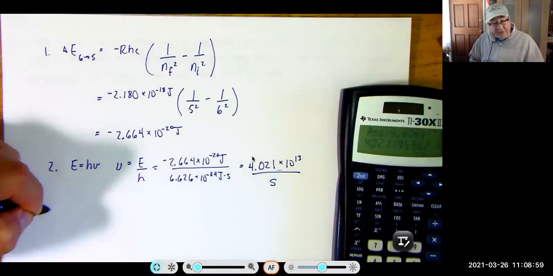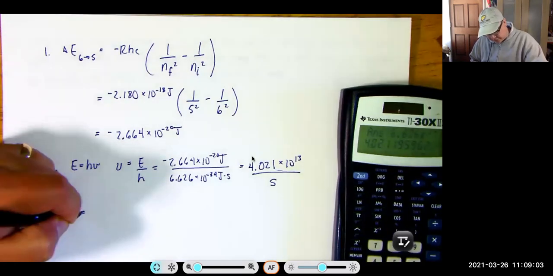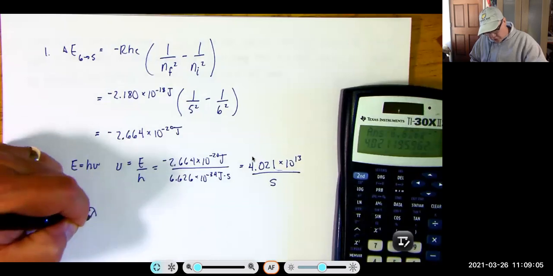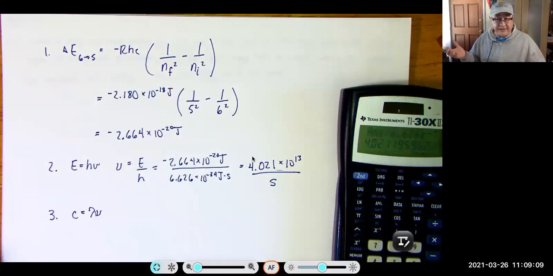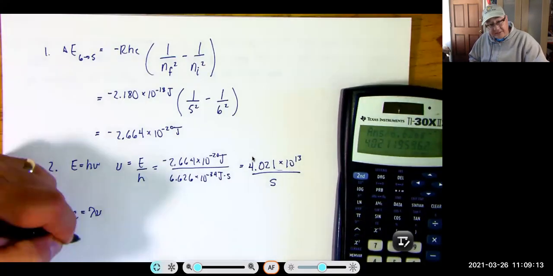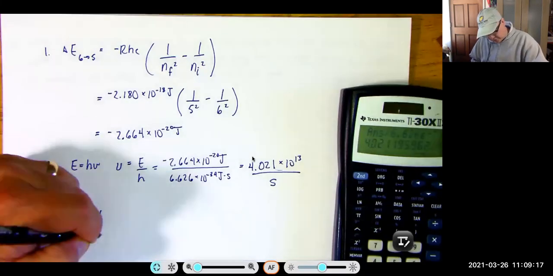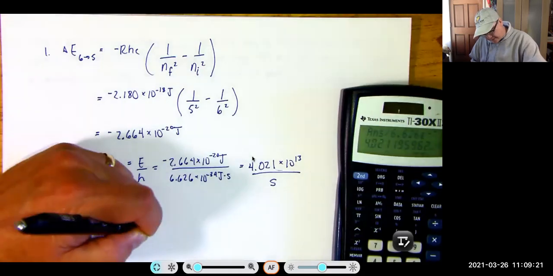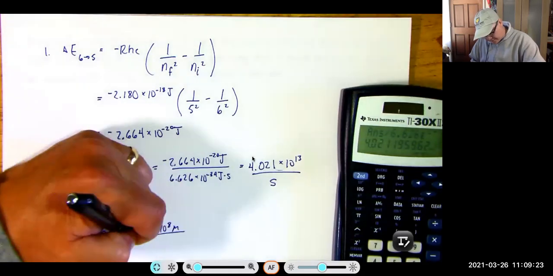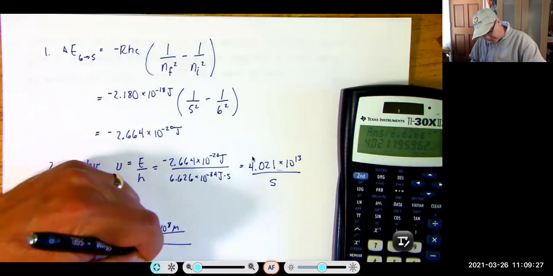Now for 3, we can do it one of 2 ways. We can do c equals lambda nu, or we can do E equals h nu, or h c over lambda. I'm going to do it this way, where lambda is equal to c over nu, which is 2.998 times 10 to the 8th meters per second, all over this 4.021 times 10 to the 13 per second.